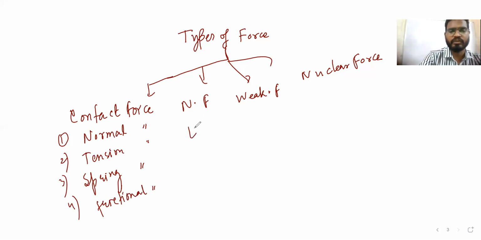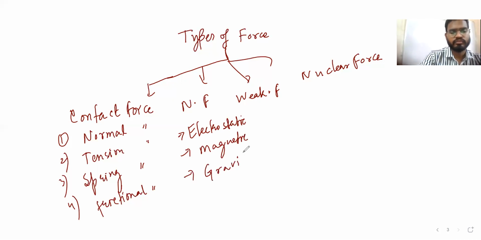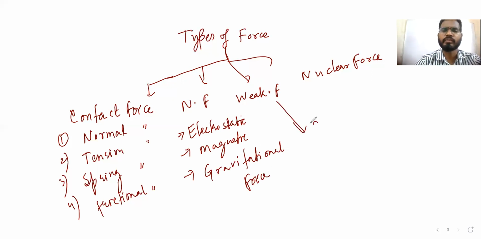Under non-contact forces, we have electrostatic force. Second is magnetic force. Third is gravitational force. Weak forces we are going to do in chemistry, so no need to learn van der Waals force and all; we will do that in chemistry.